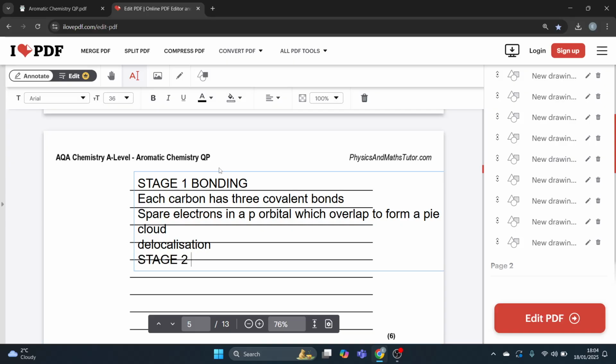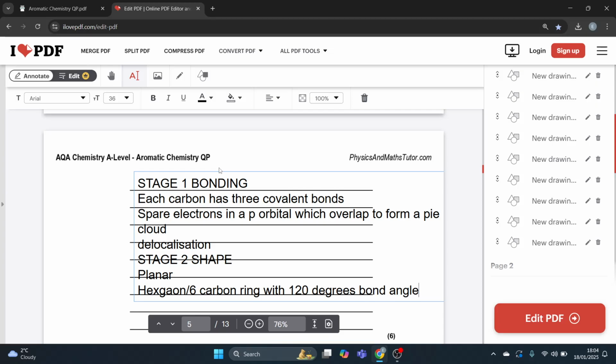Stage 2, the shape. It's a planar shape, hexagon, 6 carbon ring with 120-degree bond angle. Also, the carbon-carbon bonds are equal in length.